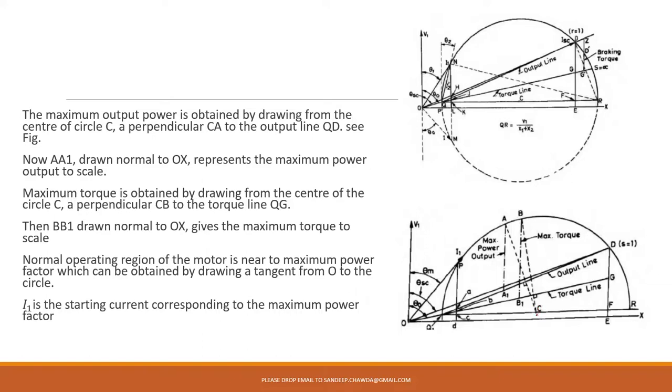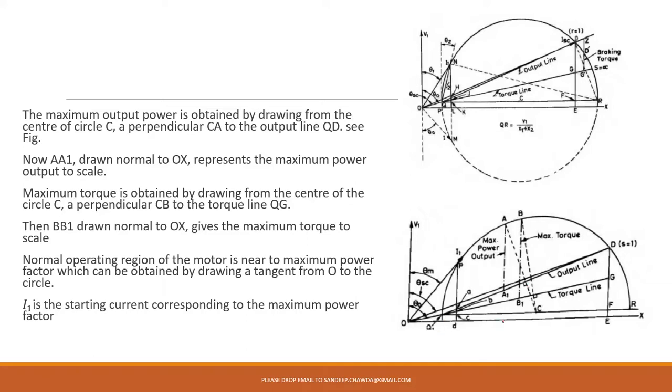This will be your center of the circle C. Then you need to draw a perpendicular from the center of the circle. From this center, one perpendicular is drawn, given by CA, to the output line. Where is the output line? This is the output line.